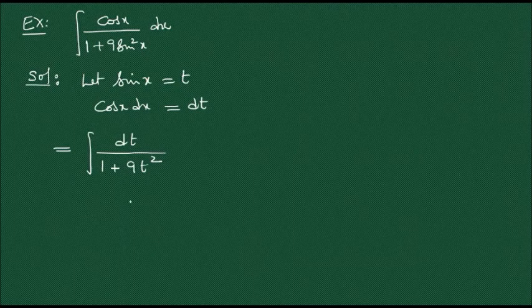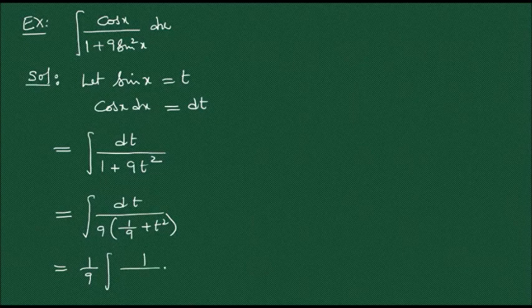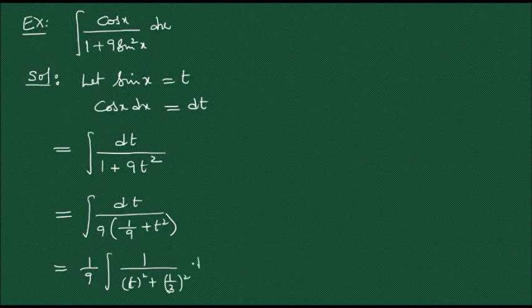Now it looks like standard form, so 9 if I take common out, integration of dt by 9 I am taking common, so 1 by 9 plus t square. Now one more line, 1 by 9 I am putting outside, integration of 1 by t square plus 1 by 3 whole square dt.